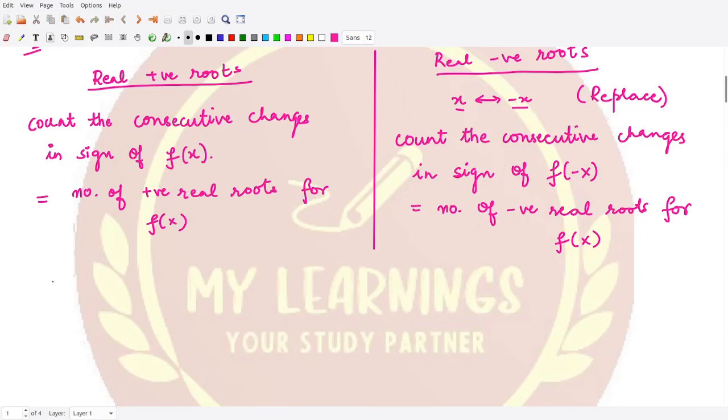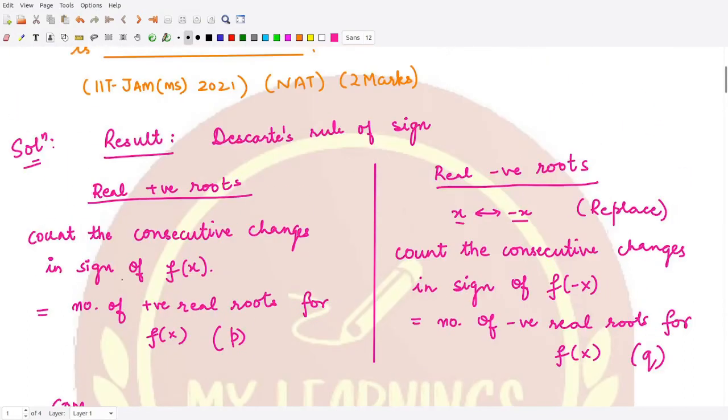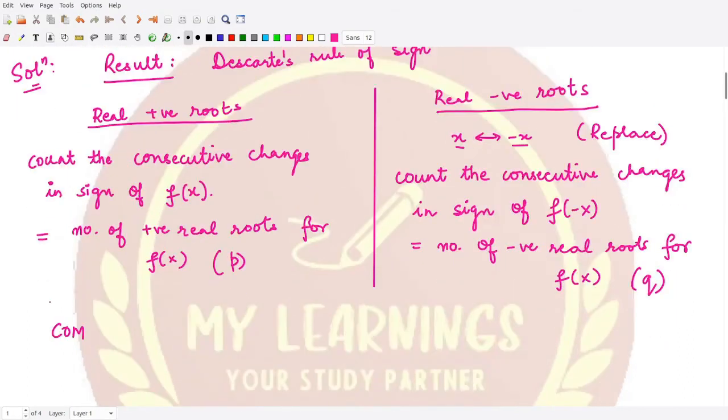And moreover, for the complex roots, suppose the positive roots are p and the negative roots are q, and the degree of f of x is equal to n. In that case, you can count the complex roots by subtracting all the real roots from the degree of the polynomial.